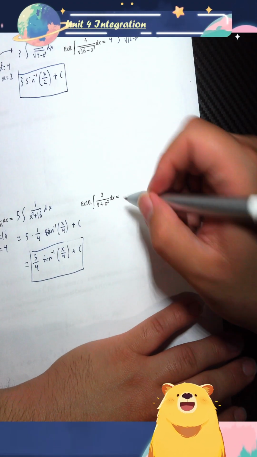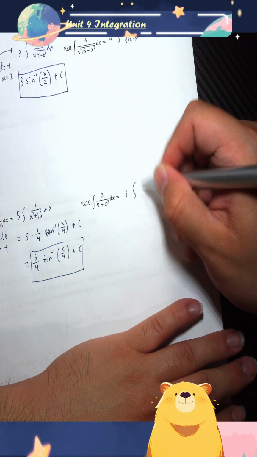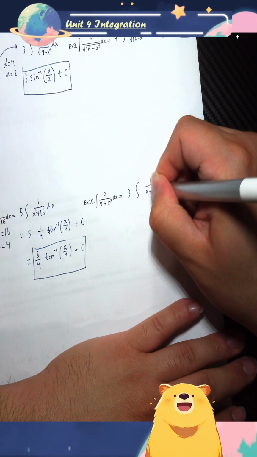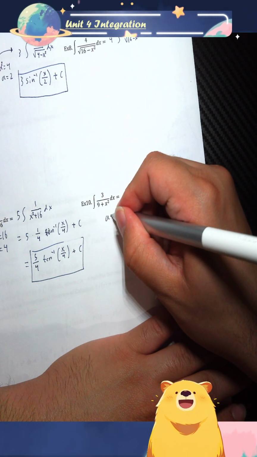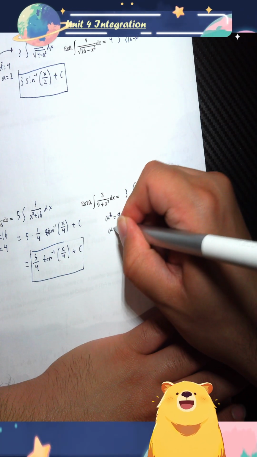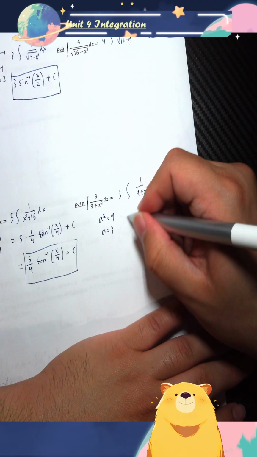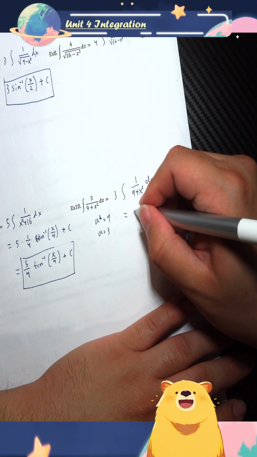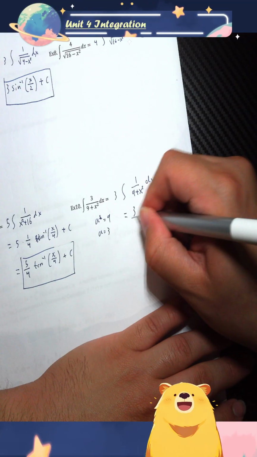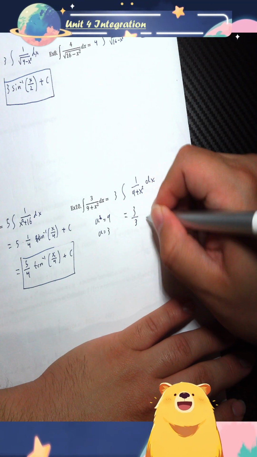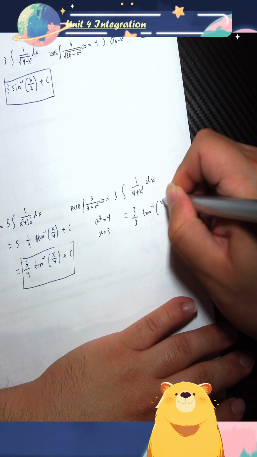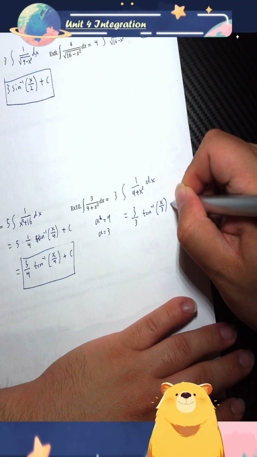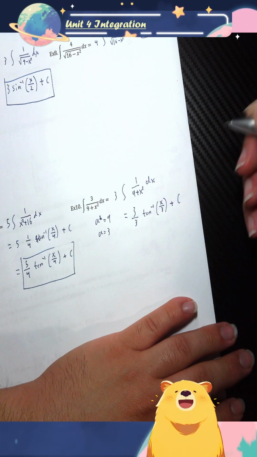Over here, we got one more thing, 3 times 1 over 9 plus x squared dx. If a squared is 9, then a must be 3. So you get 3, or I'm already going to write divided by 3 tangent inverse of x over 3 plus c.